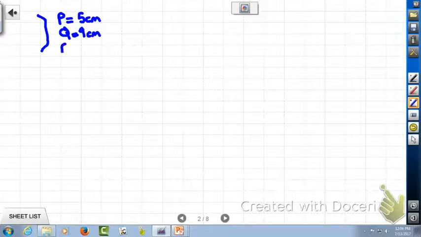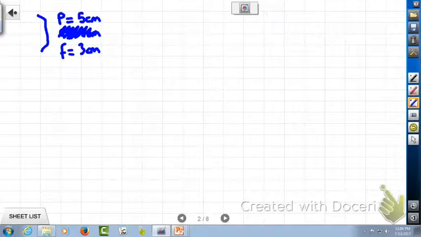And I want my focal length. My focal length, I said, was equal to 3 centimeters. Okay, so that's what I'm given. Well, no, let's actually stop that. I'm given those two. I know my P, I know where to put my object, I know my focal length.